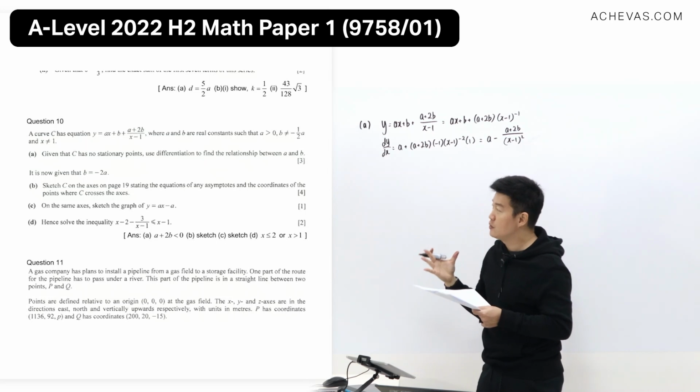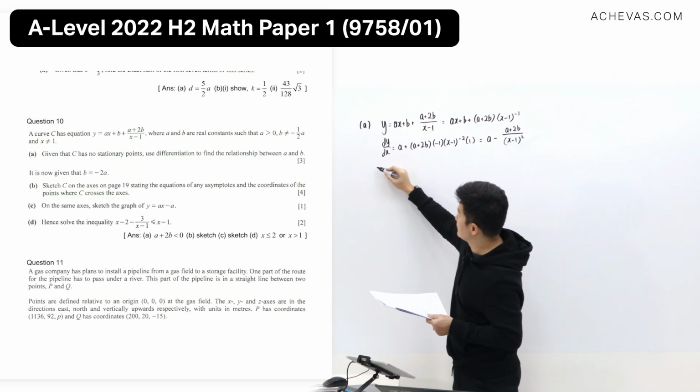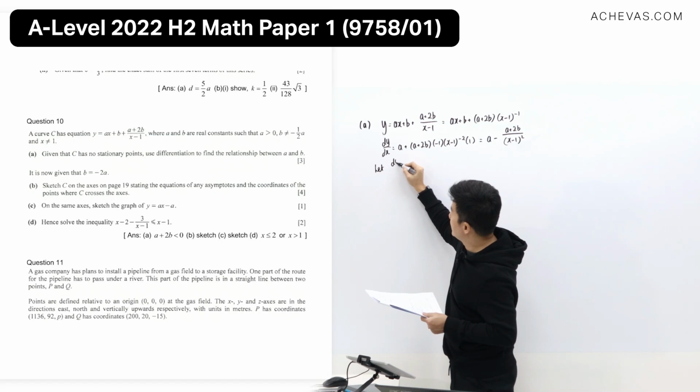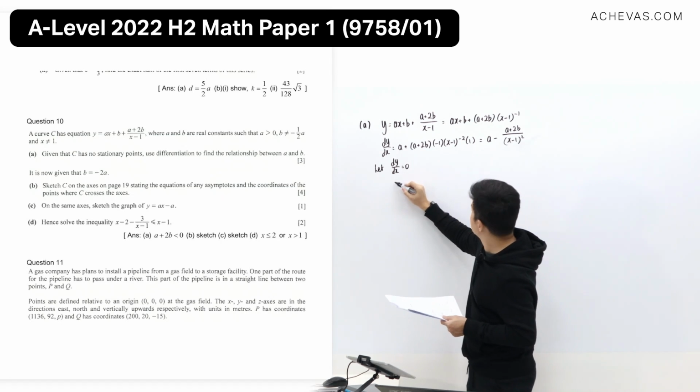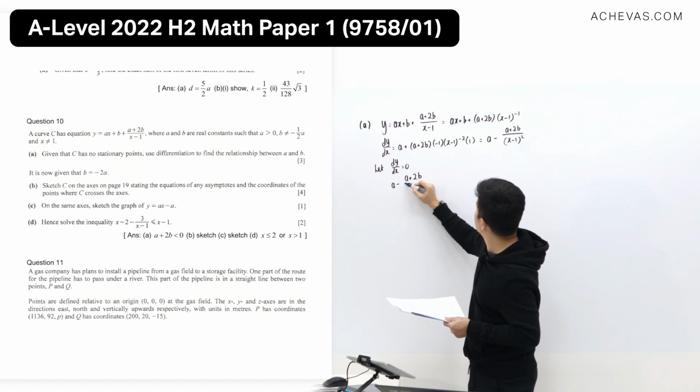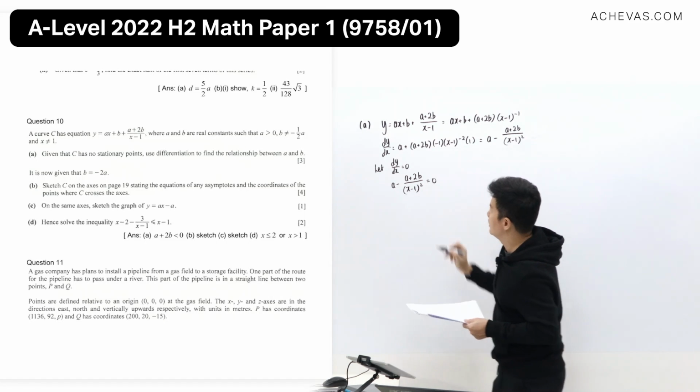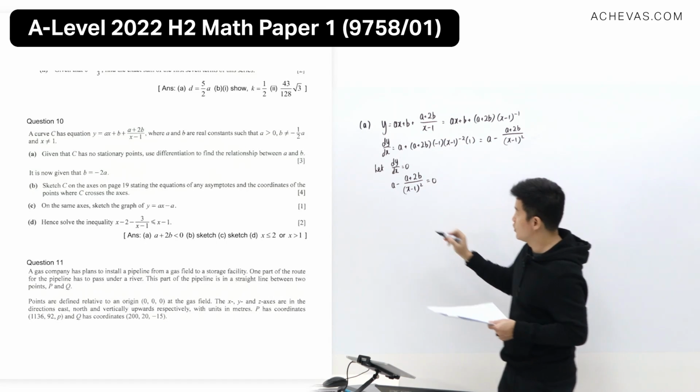To work on stationary points, we are going to make dy dx 0. So I'm going to let dy dx be equal to 0, which means a minus (a plus 2b) over (x minus 1) squared is equal to 0.